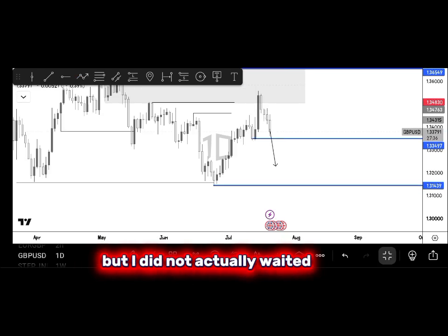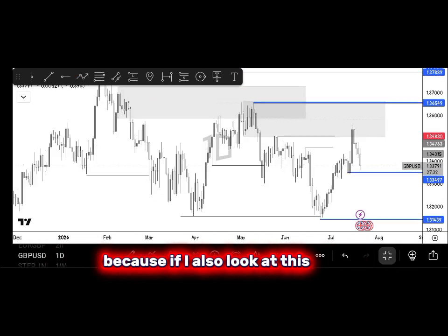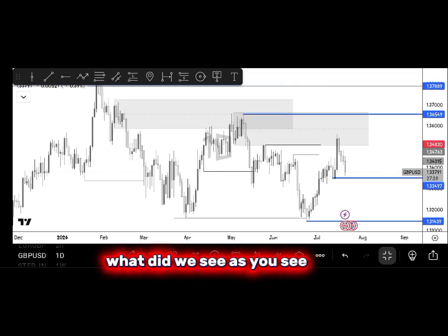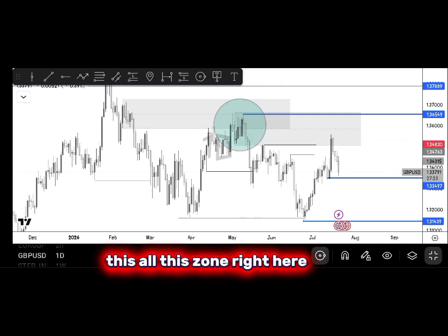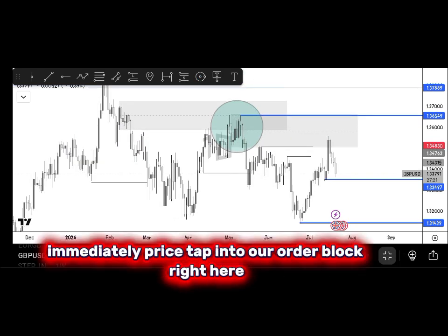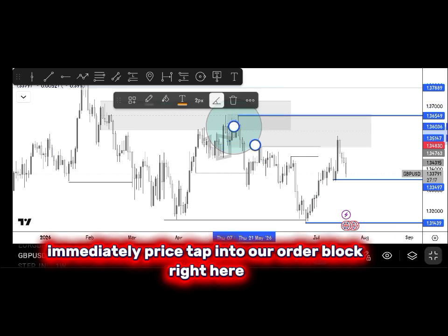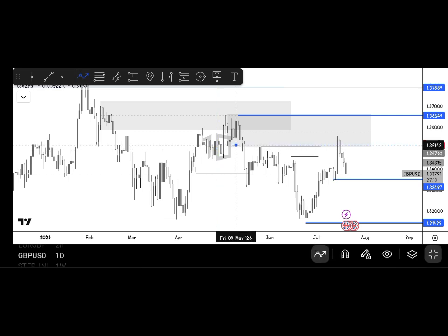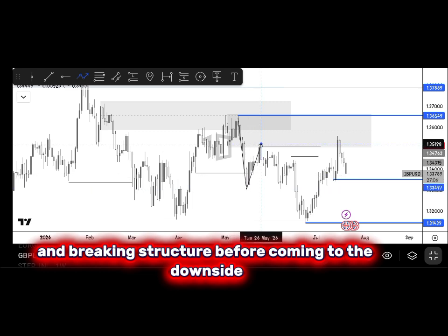But I did not actually wait for price to come down, because if I also look at our previous price action, what did we see? This is what I'm talking about, this whole zone right here. As you can see, immediately price tapped into our previous order block, it gave this big push to the downside, breaking structure before coming down.